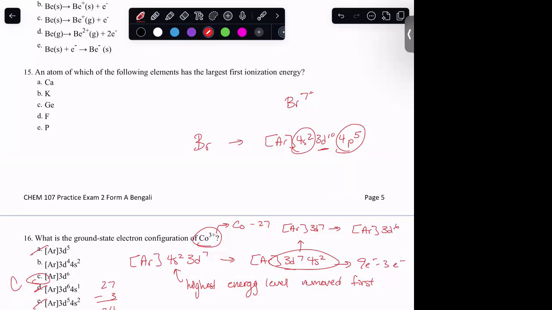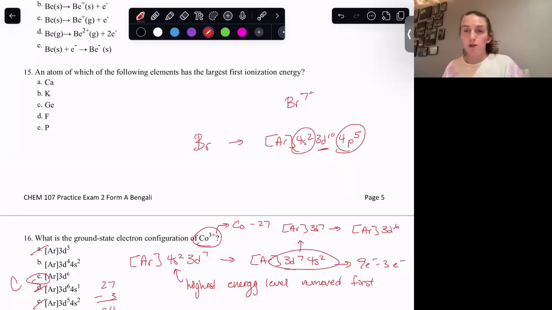Okay. So in that case, we would remove the 4s2 completely and then that would turn into 3d, not 4p5? Or do we remove the 4p5 also? Nope, you want to remove your highest number first, and then your greatest letter.